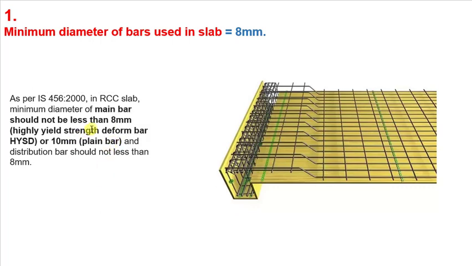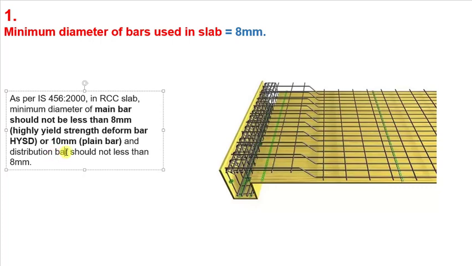In case your main bar is HYSD, that is a highly yield strength deformed bar, then the diameter of the bar should not be less than 8 mm. But if your main bar is a plain bar, then you can consider 10 mm as the minimum diameter of the bar. It should not be less than 10 mm. Got it?